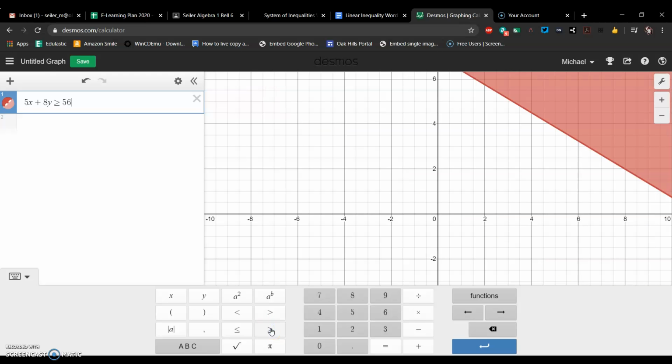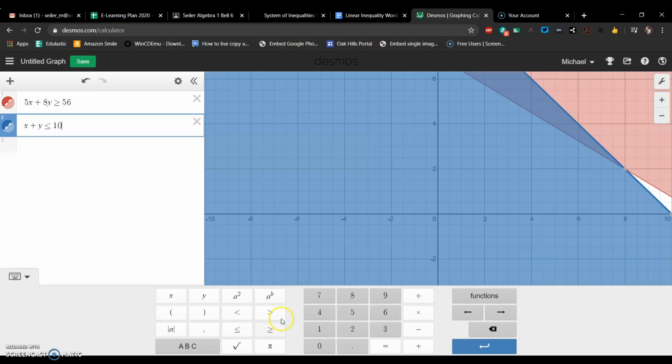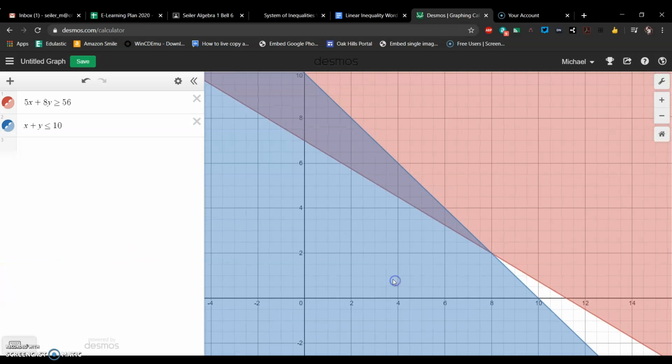So greater than or equal to 56, and we can see over here I've got this kind of reddish pink shaded region, because any solution above here, if I plug in the x and the y, is going to give me a number bigger than 56. But I have my second condition. x plus y has to be less than or equal to 10, which gives me this blue region here. So let me zoom out so we can take a look.